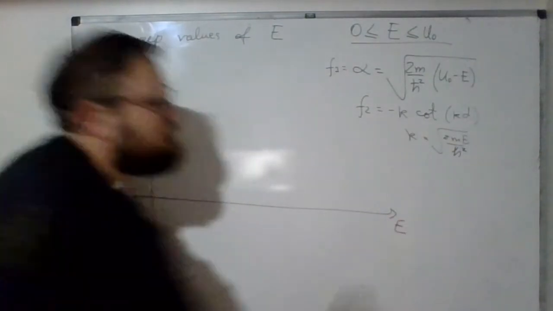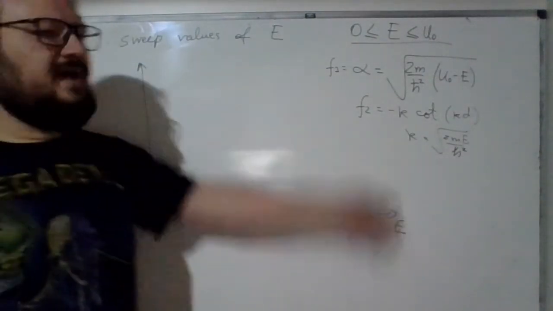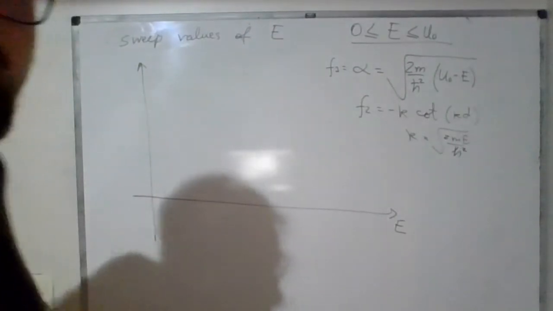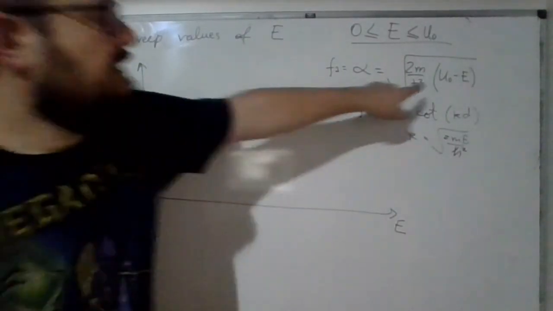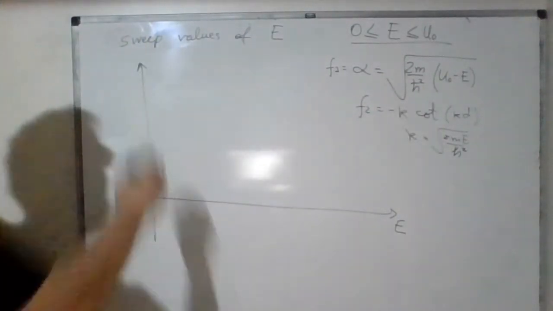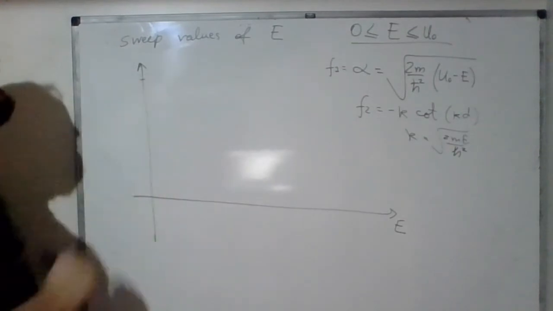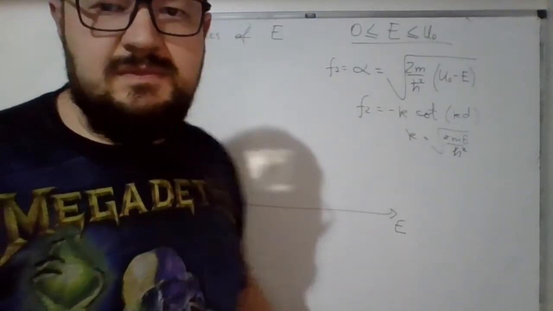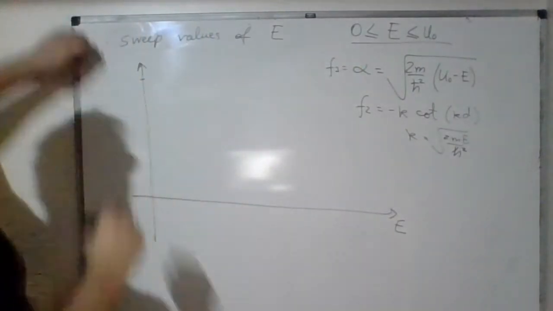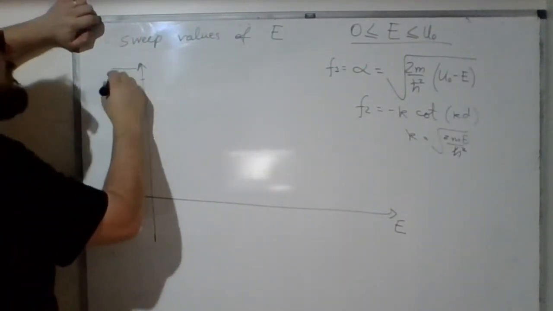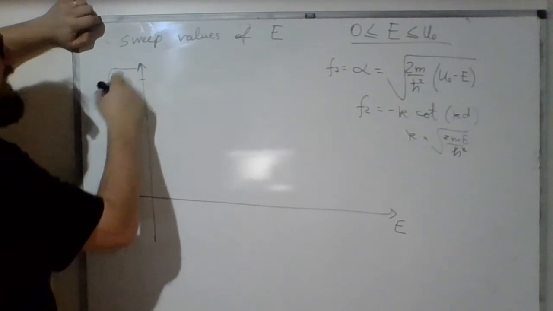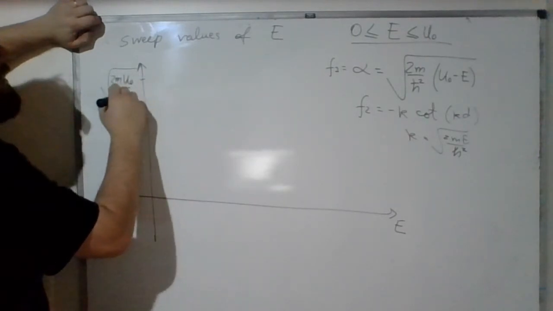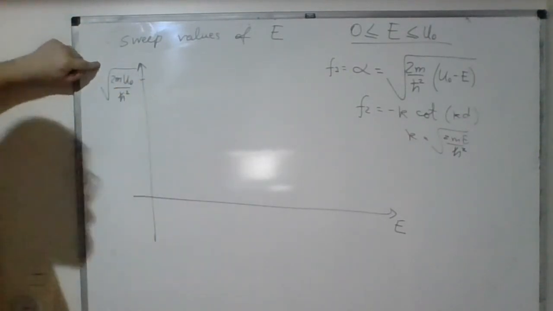You can plot functions f1, f2 as functions of energy. But remember, at the energy equal to 0, you have the upper limit of alpha in this range, which corresponds exactly to the square root of 2 times mass times U naught divided by h bar squared.